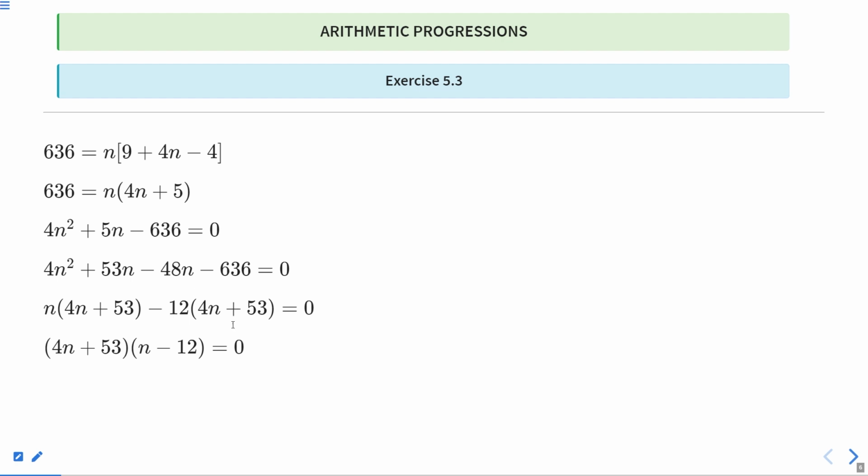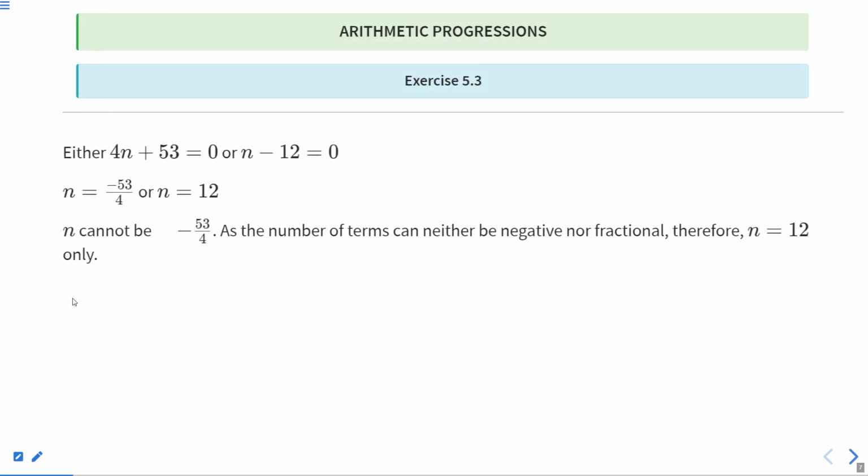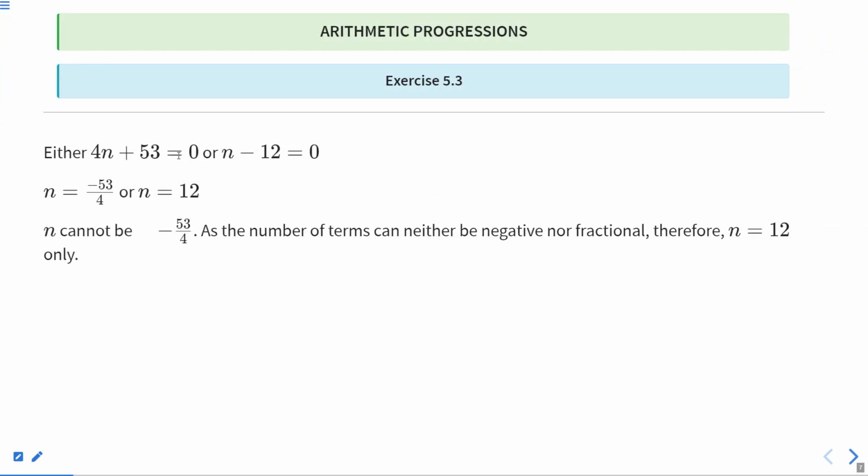Minus 12 times 4n plus 53 is equal to 0, and it implies 4n plus 53 into n minus 12 is equal to 0. So now either 4n plus 53 is 0, or n minus 12 is equal to 0. It implies n is equal to minus 53 by 4, or n is equal to 12.